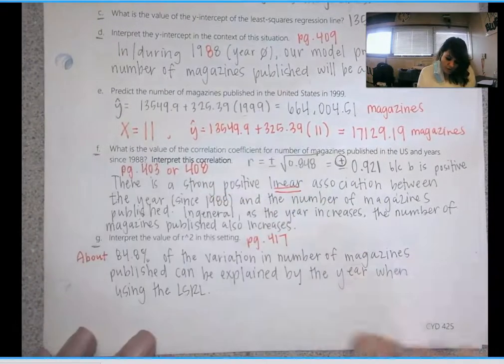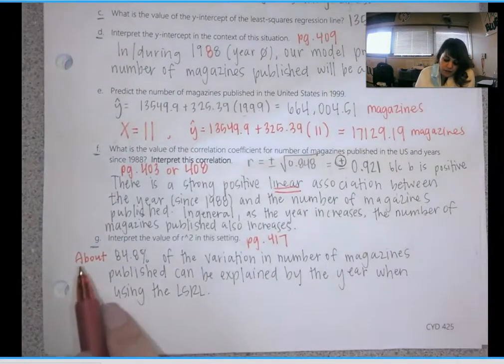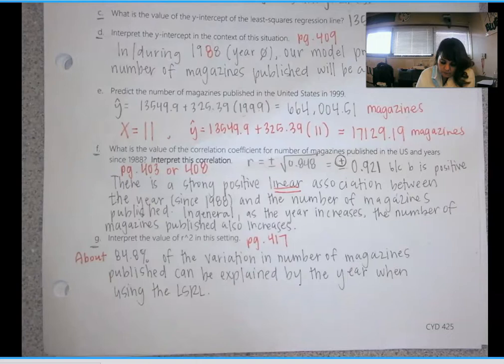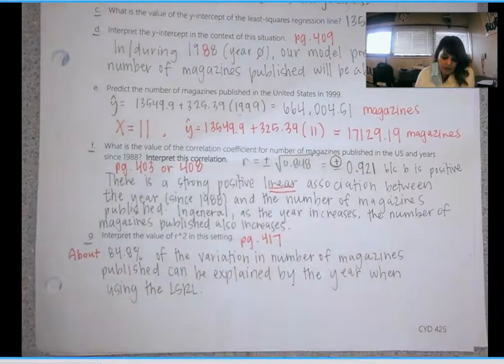About 84.8% of the variation in number of magazines published can be explained by the year when using the LSRL. You don't have to put the word about there, but I like to put it just to be as accurate as possible. This is not wrong. I just like to say about 85% instead of leaving it off.